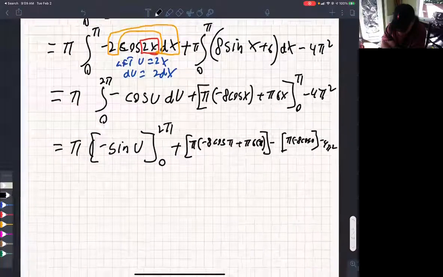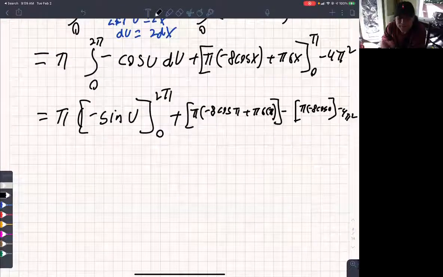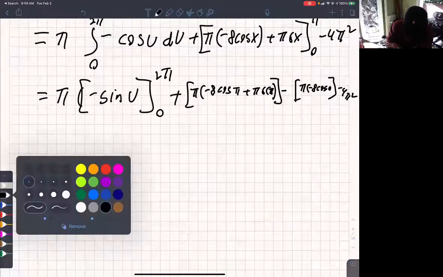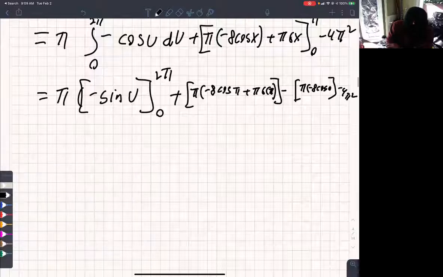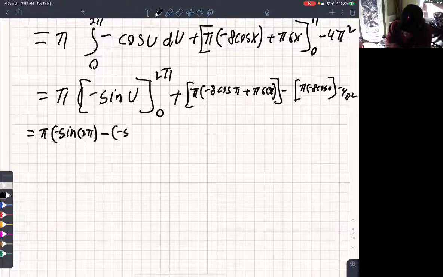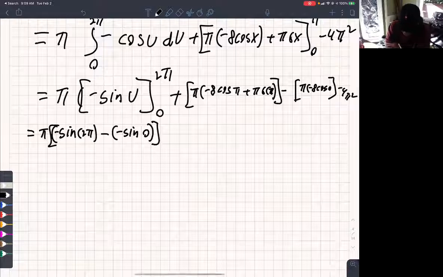Let's keep going. I apologize for not making this a calculator problem. This is so long. I'm going to get pi minus sine of 2 pi minus sine of 0. I think that's all going to be 0. Minus or plus.